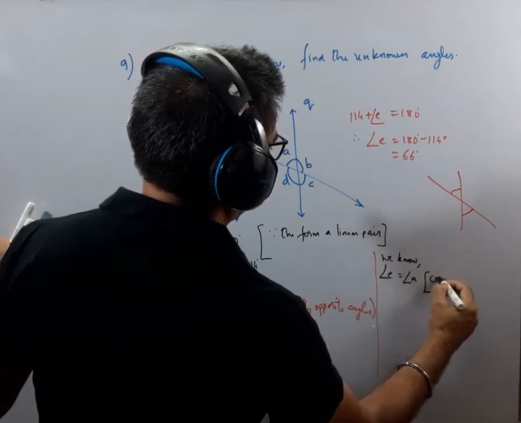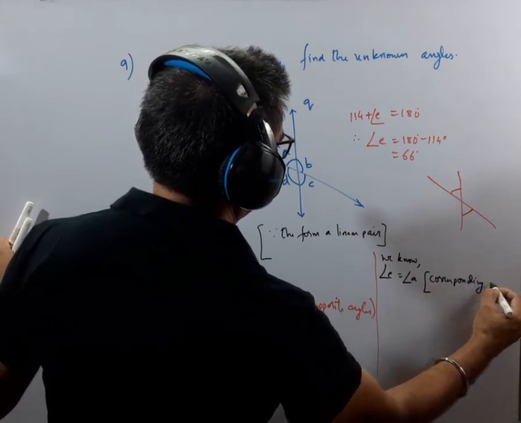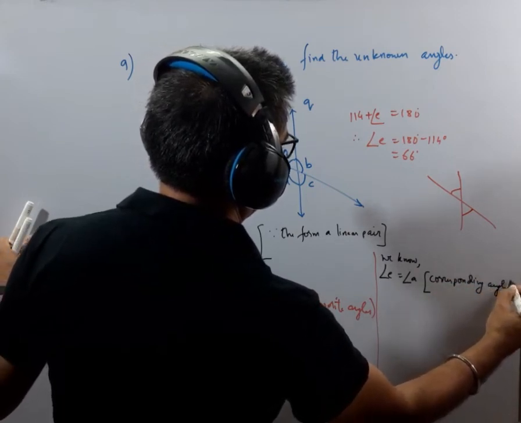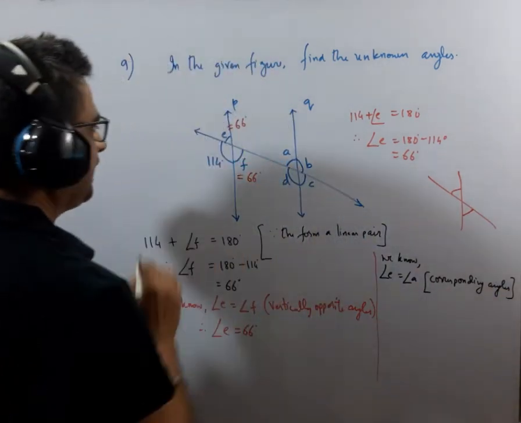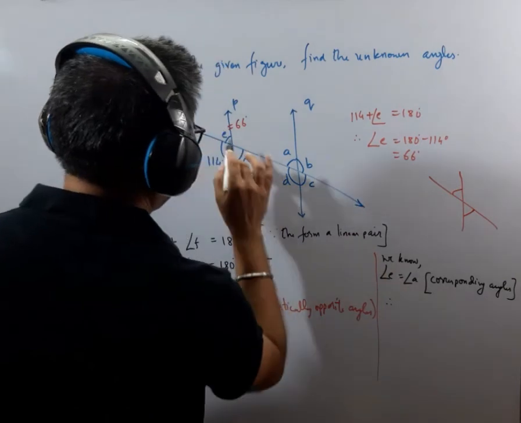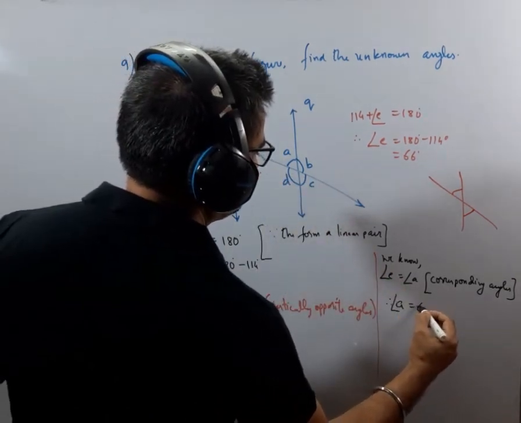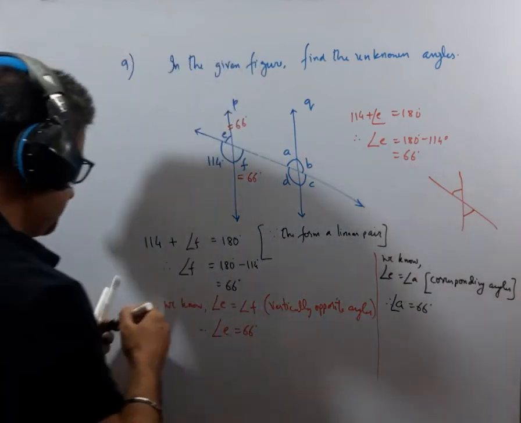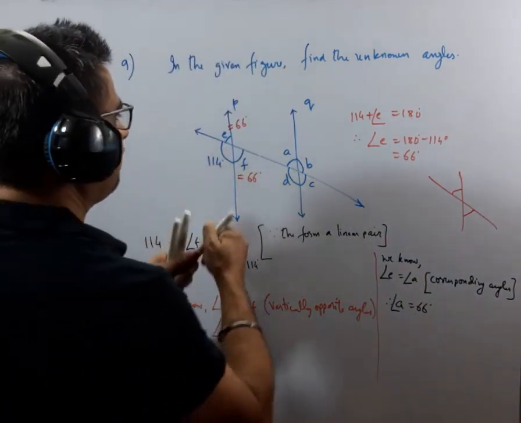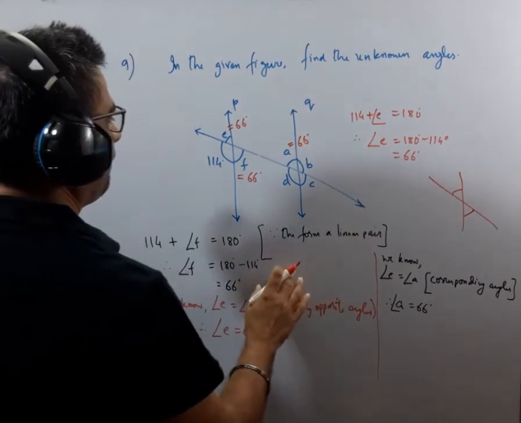They are corresponding angles. Angle E and angle A are corresponding angles, and therefore, because angle E is 66 degree, angle A is also equal to 66 degree. So we now have angle A, this is equal to 66 degree.